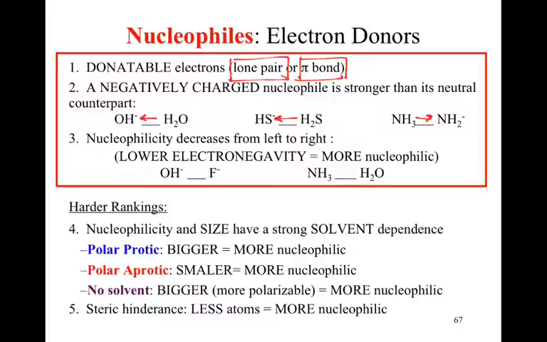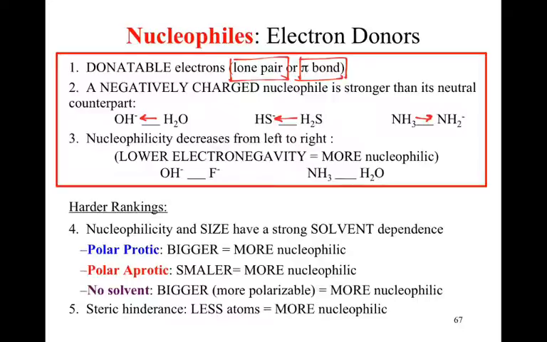This is an easier pattern, and it's also the more standard pattern. So within this box that you're looking at, that big red box, those are the big rules you need to nail down. So donatable electrons, do you see them? Negative charge, and then lower electronegativity means more nucleophilic.